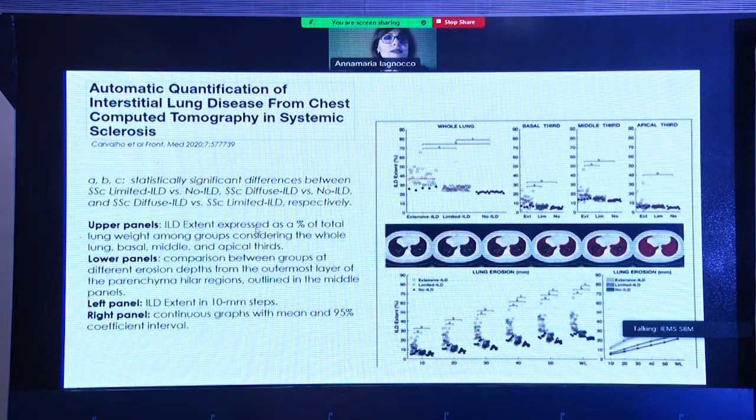In this graph, you can also clearly see the different involvement in different groups of patients.